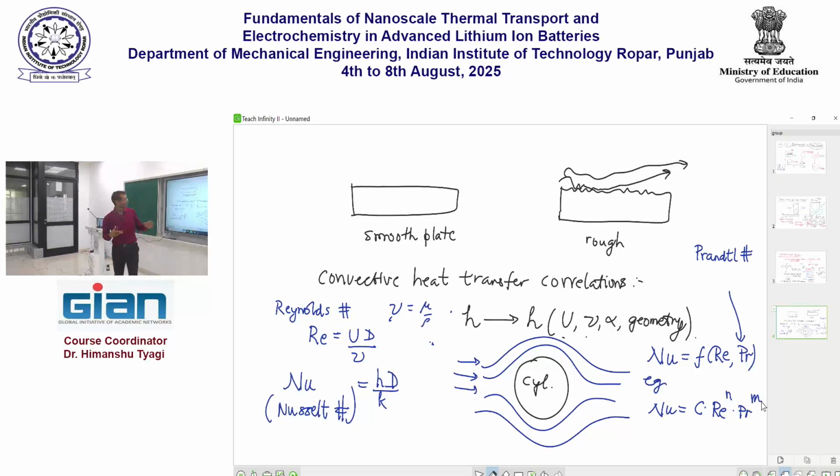For example, for flow over a cylinder, I think n is of the order of half and m is of the order of 1/3, etc. It all depends on the geometry.